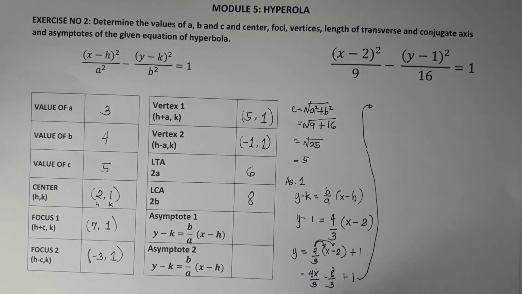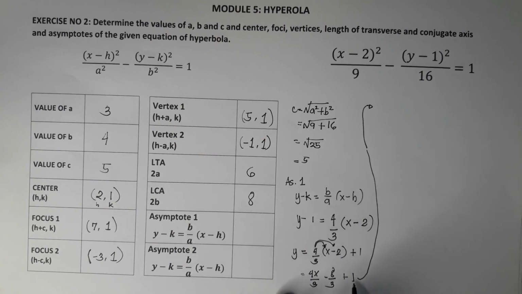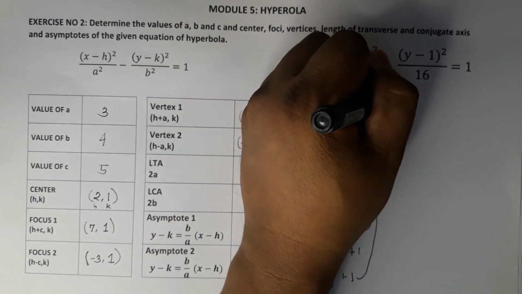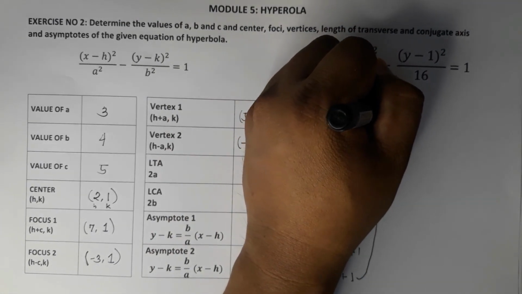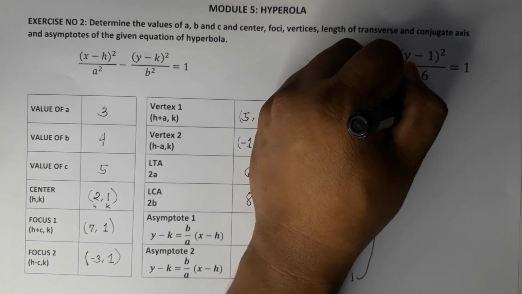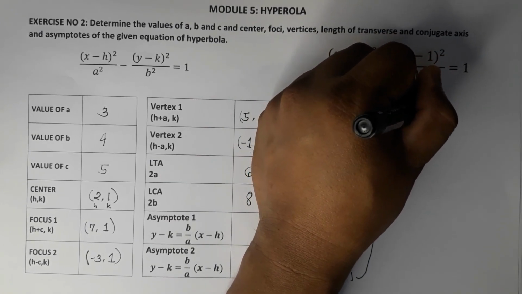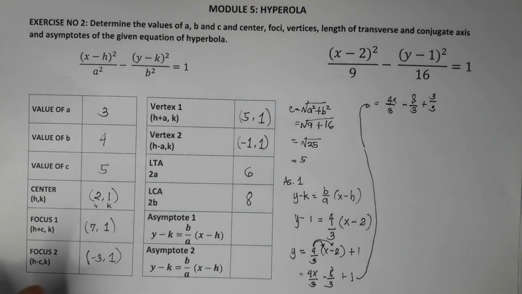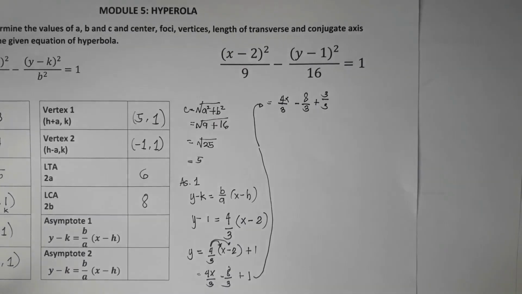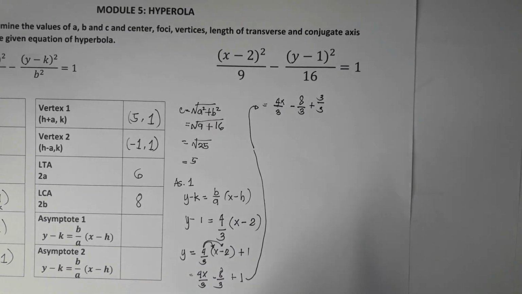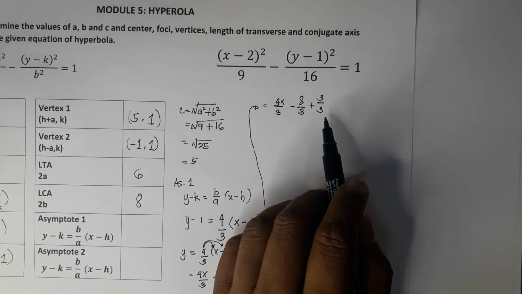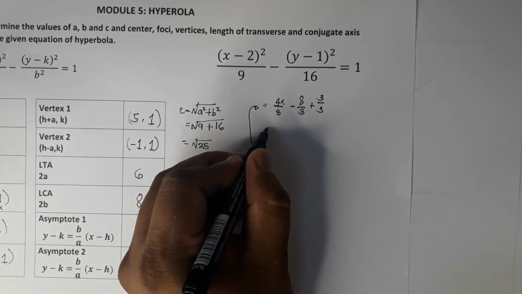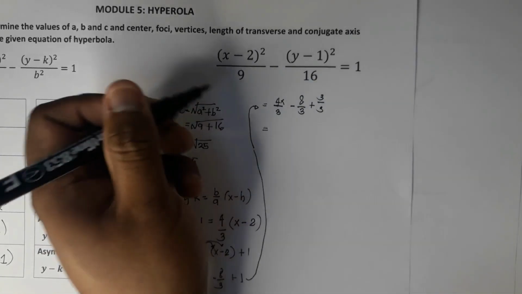Ayan. So, therefore now, pag in-add nyo to, itong 1, pwede nyo gawin siyang 3 over 3 para pare-pareho sila ng denominator. Okay? So, equals 4x over 3 minus 8 over 3 plus 3 over 3. Yan. Tandaan, class, dahil pare-pareho sila ng denominator, pwede natin silang ipagsama.